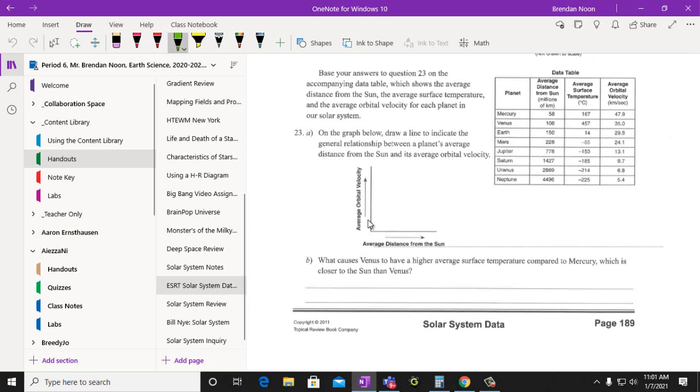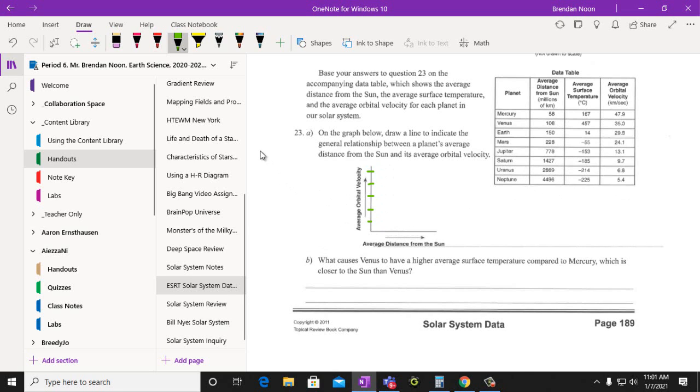So we're going to say this is 10, 20, 30, 40, 50. And then 58 to 4,000, well, this is a really big number, so things are going to be wacky. We can put a scale here, but it really is kind of wacky.